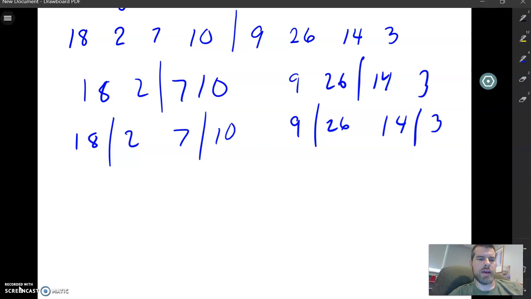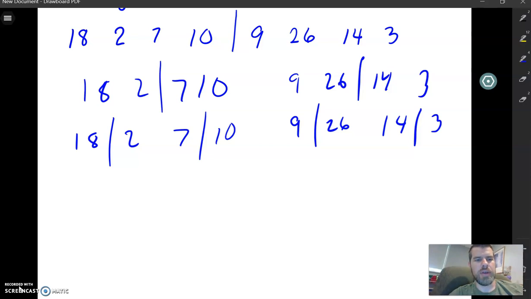What I mean by that is once we get done with all this splitting, each call to merge sort then calls a helper function called merge. It's a separate function whose job it is just to take a set of numbers and put them back into their spots in the right order. So I'll show you what I mean here.